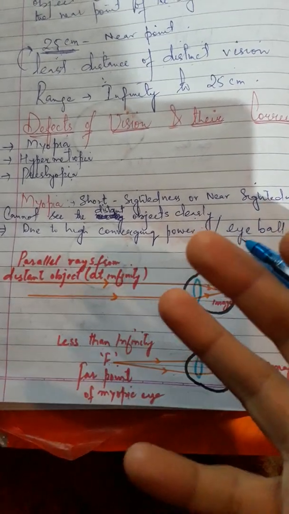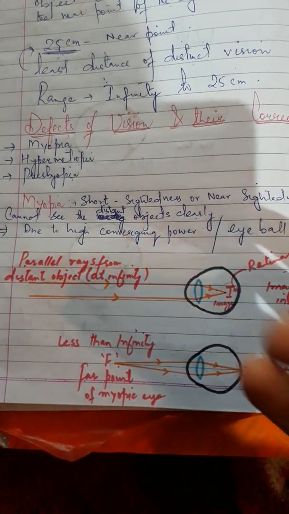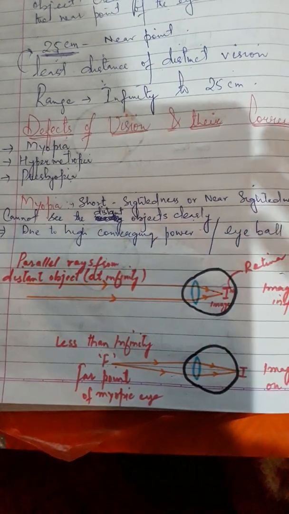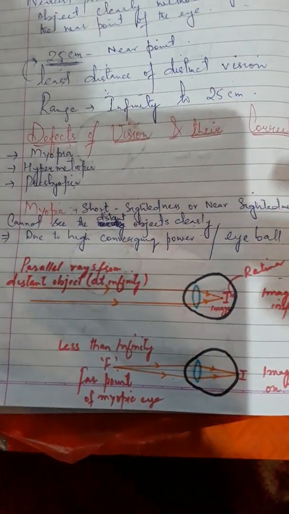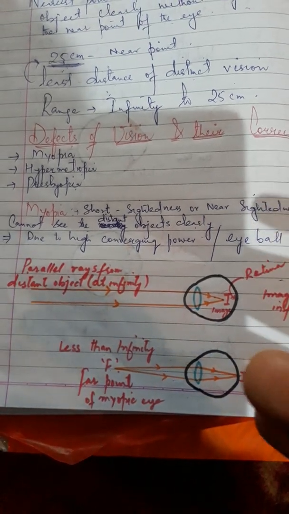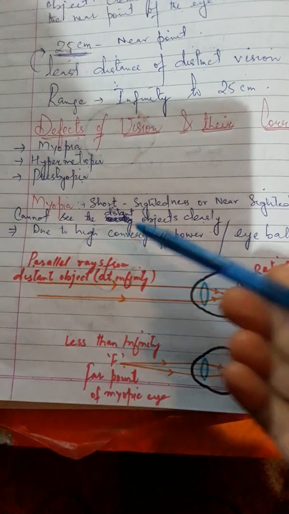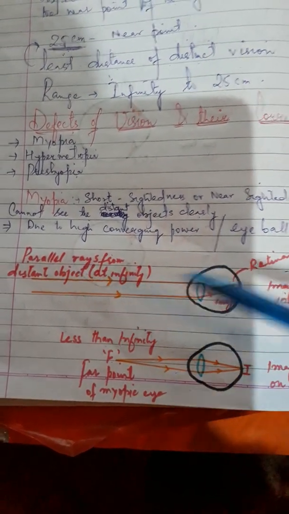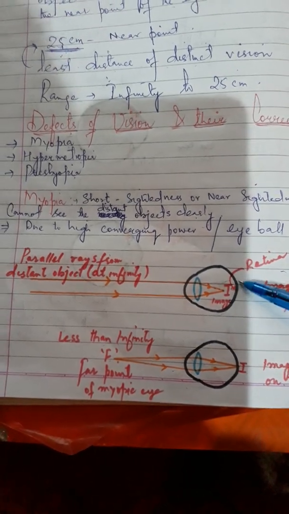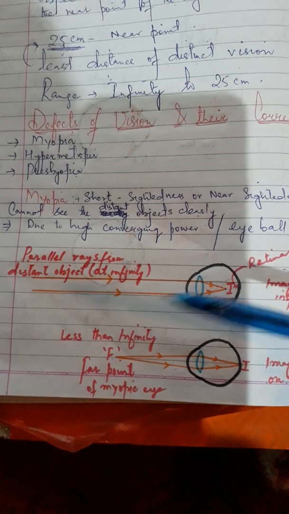When the ciliary muscles do not relax, the eye lens does not become thin, due to which converging power does not get reduced. It means the eye having myopia has greater converging power, and because of this high converging power, the image of a distant object is not formed on the retina but in front of the retina, and the eye cannot see that object clearly.